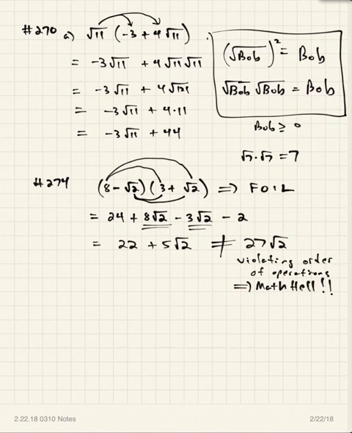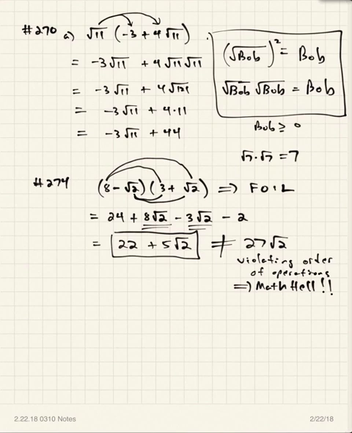Violating order of operations is something that always takes you to math hell, and that's a place I want you to avoid, if at all possible. So 22 plus 5 times the square root of 2, there's absolutely nothing to do to combine those 2 terms. That's what it's equal to. It doesn't simplify any further than that. So don't try to force the issue by violating order of operations there.